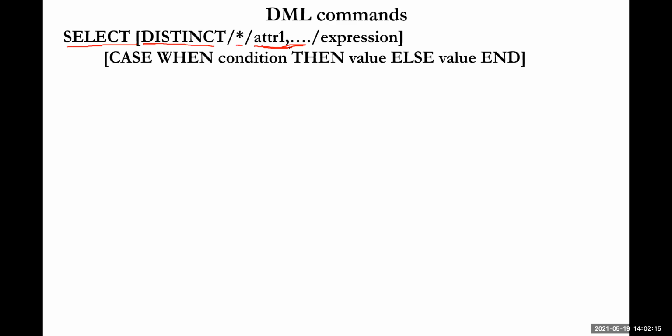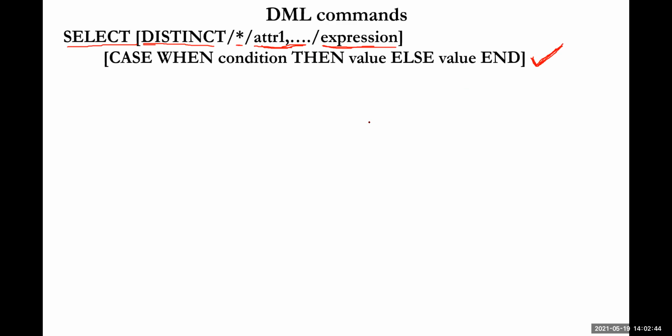Otherwise, you can also specify an expression. I'll show you whatever the expressions are. And then case when, I will discuss this one later, when I give some assignments or explanations in the laboratory, because it is very important.